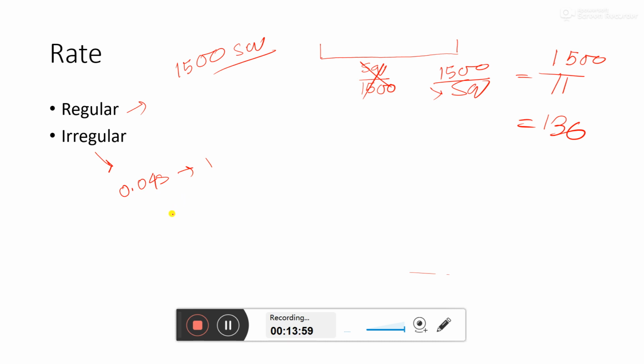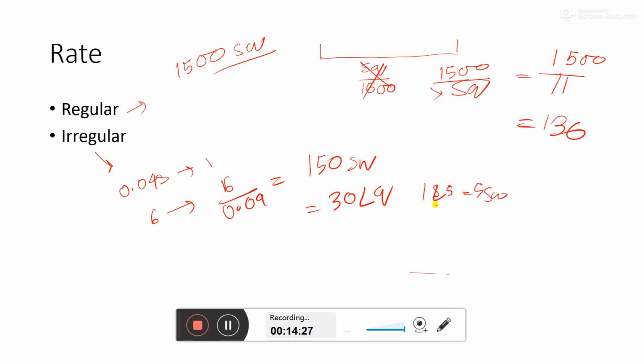We will take 6 seconds. So 6 seconds means 6 divided by 0.04, equal to 150 small squares, equal to 30 large squares, since one large square equals 5 small squares, we know.